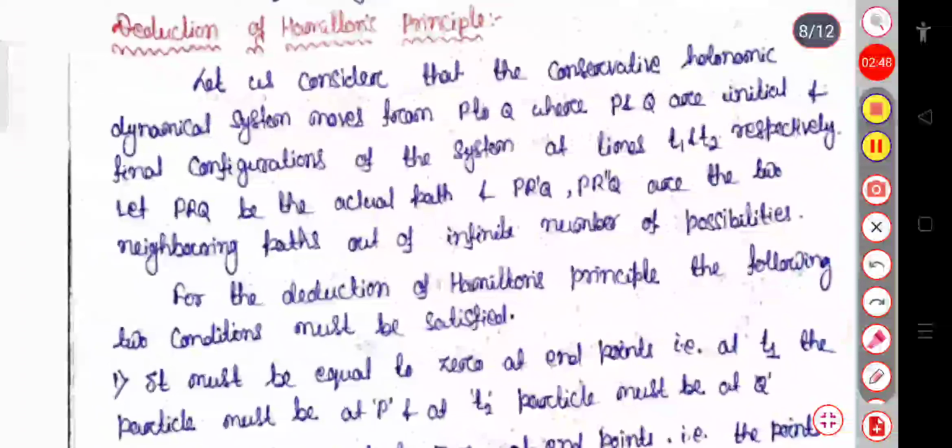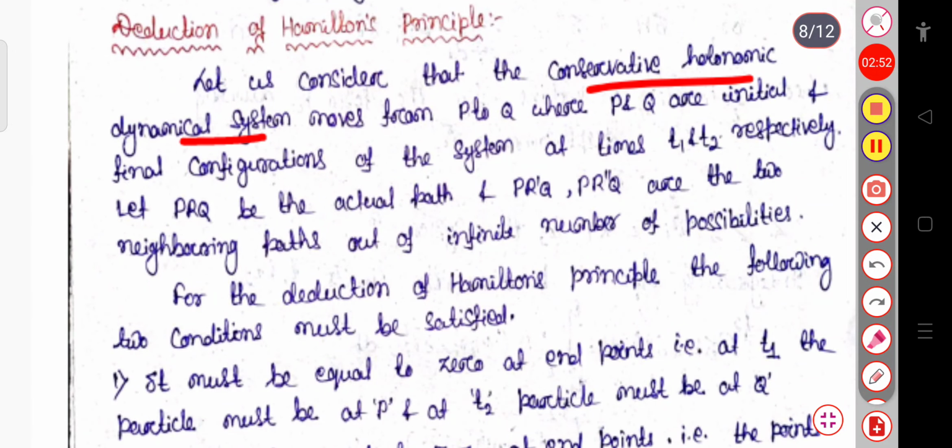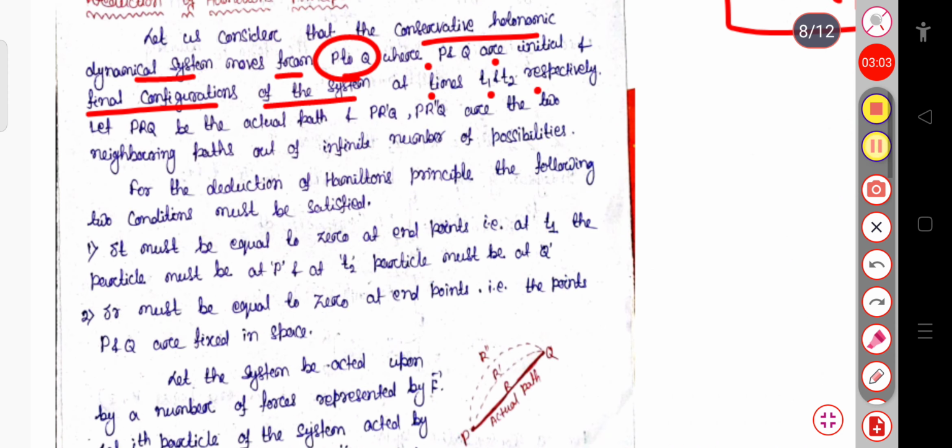So let us consider that the conservative holonomic dynamical system moves from point P to Q, where P and Q are the initial and final configuration of the system at time t1 and t2 respectively. Now you can see this diagram. This is your P point and this one is your Q point.